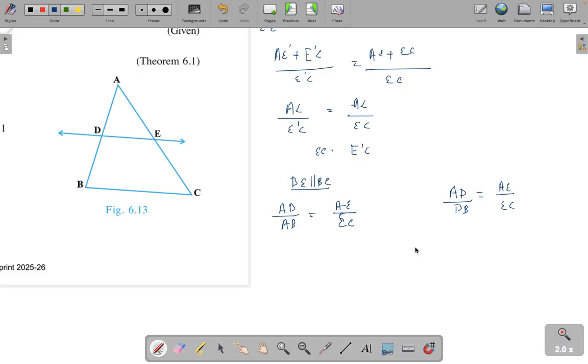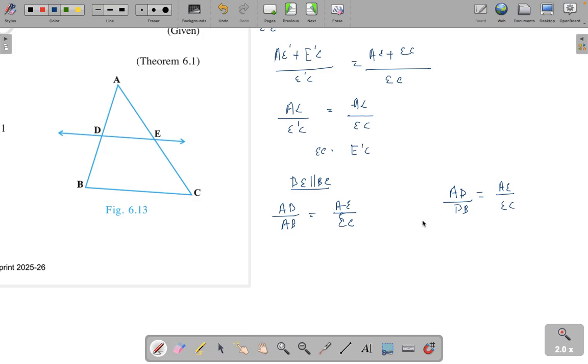But how can you say that? You have to justify what you're saying. So we can add AD plus DB. By adding one, you can achieve this.